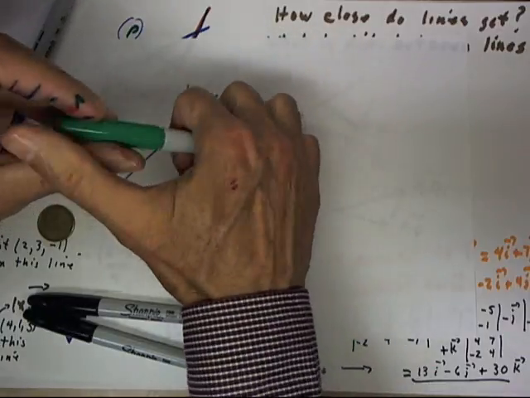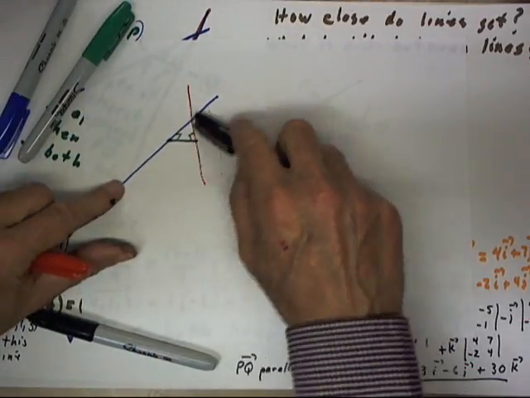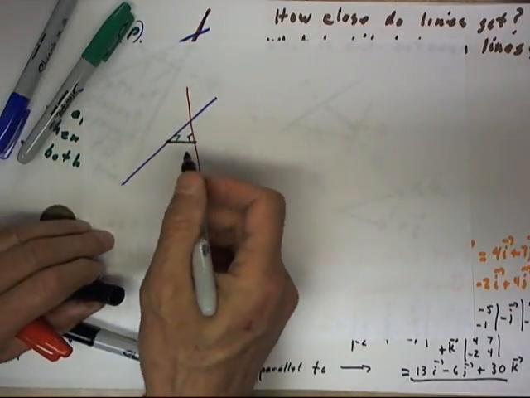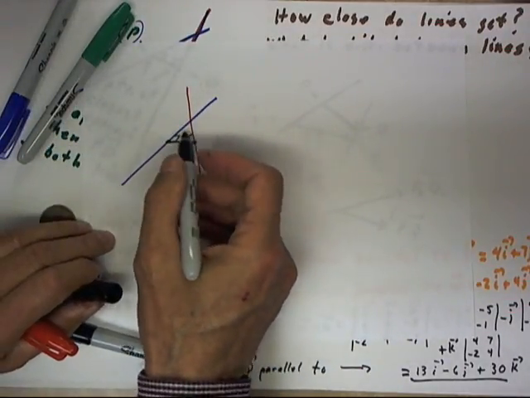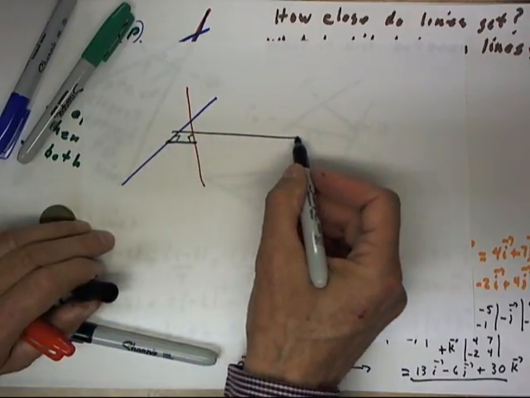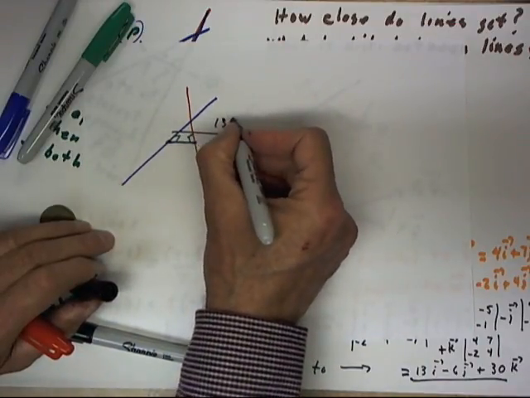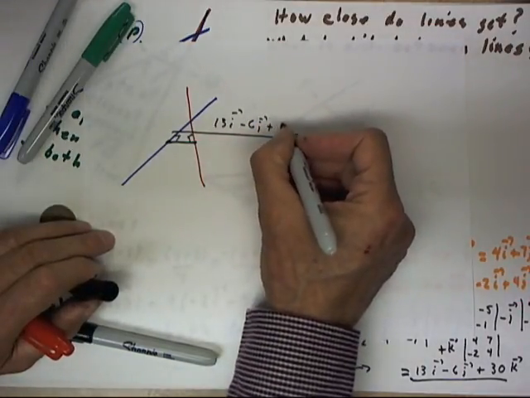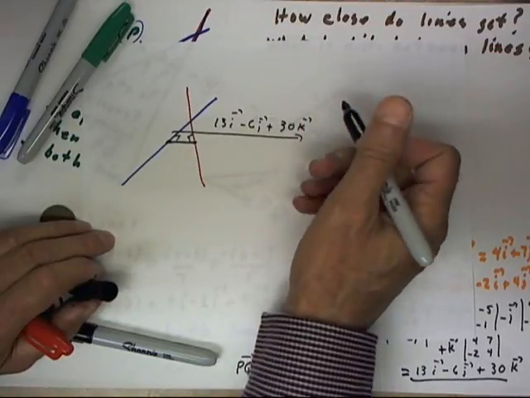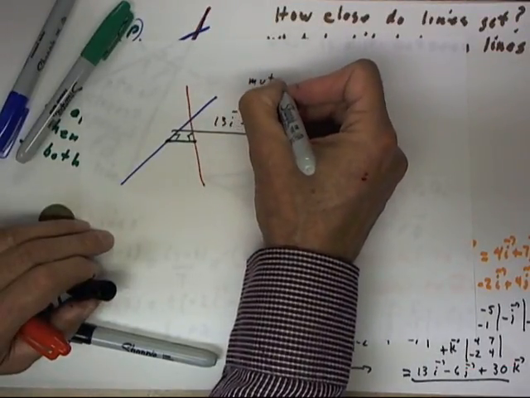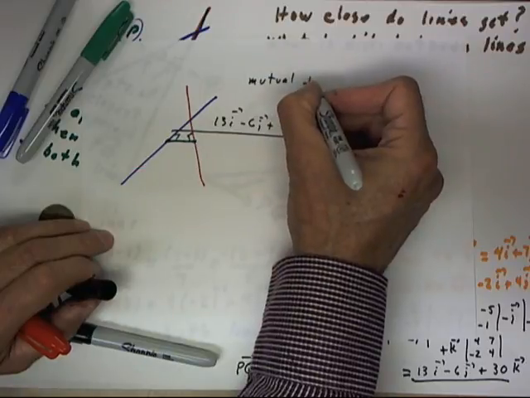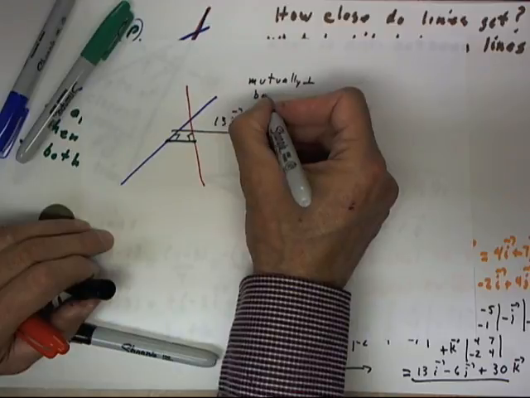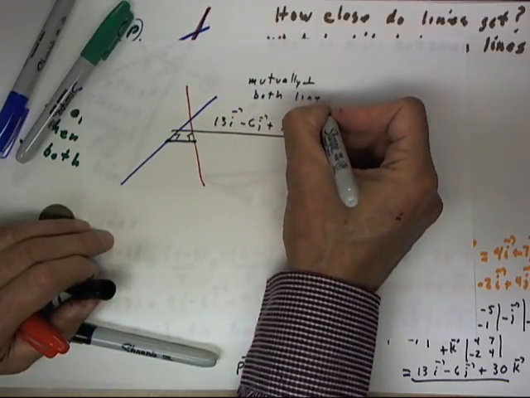And we've just calculated the cross product of a vector parallel to this line and this line, and determined that that cross product is 13i minus 6j plus 30k, and that's the mutual perpendicular. Say that's mutually perpendicular to both lines.